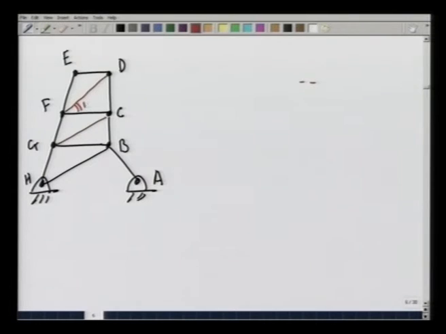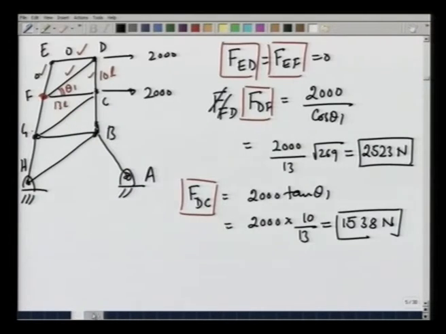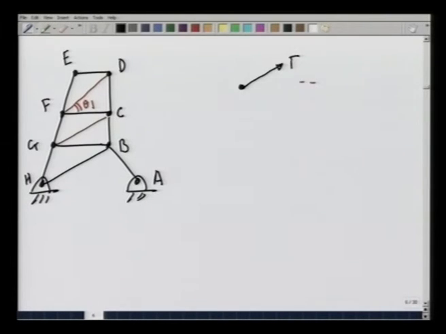This is angle theta 1. If I look at point F, it has a force EF which is 0, it has force, do I call it FD or DF? Let me see, I call it DF, F_DF acting at an angle theta 1.